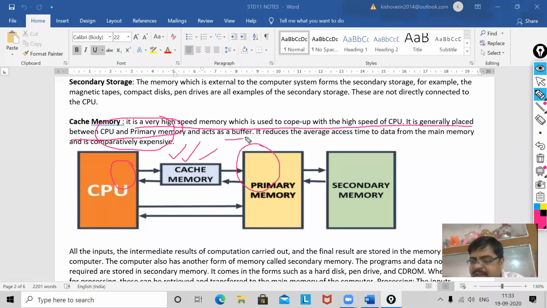I have already given the concept of buffer. It reduces the average access time to data from the main memory and is comparatively expensive. Yes, it is expensive, no doubt, but your data will be so fast because you have added a channel, that is cache, my dear. So I hope you have understood the cache memory, my dear.